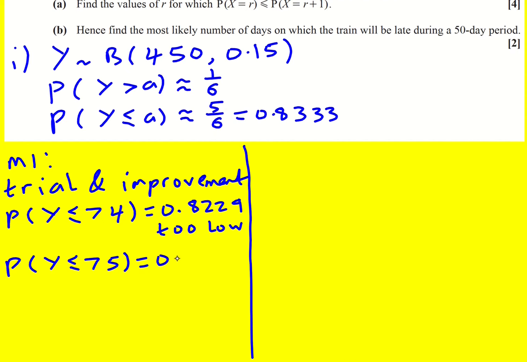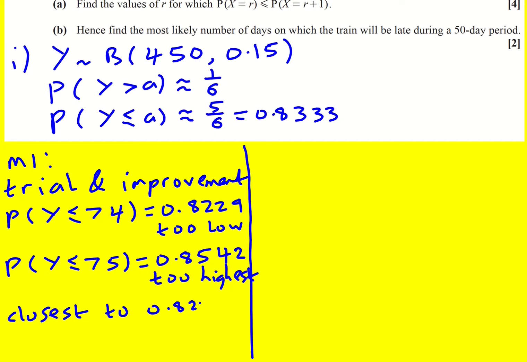And for 76, 0.8542. Too high. So it's closest to 0.8229. So A equals 74.